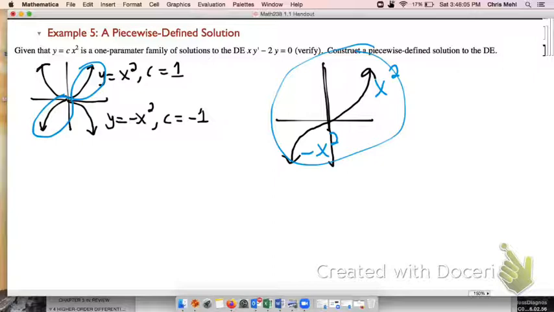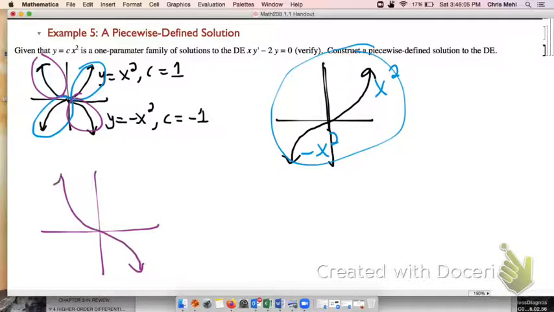The other thing I could do is take the parts of the solutions that are in quadrants 2 and 4, and create this piecewise defined solution where that's x squared and that's minus x squared. So if I go with this one over here, I'm cutting and pasting pieces of the solution curves: part of the solution I got when c was 1 and part of the solution I got when c was -1.